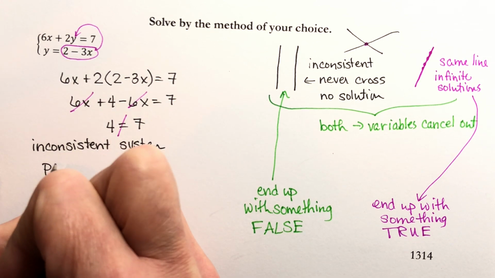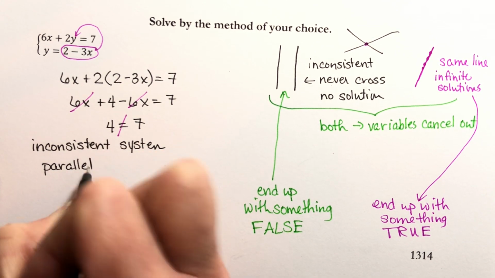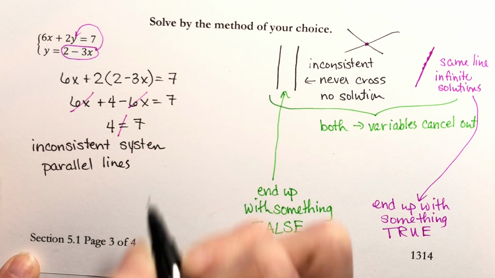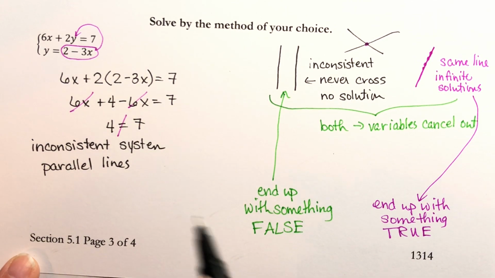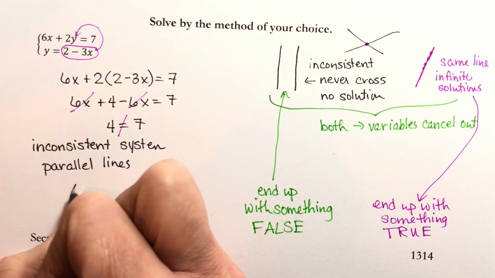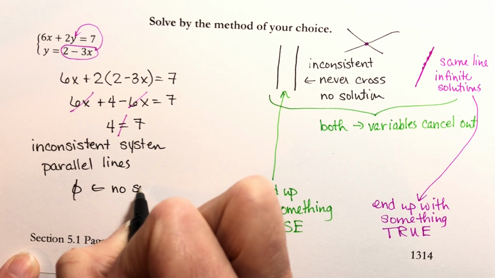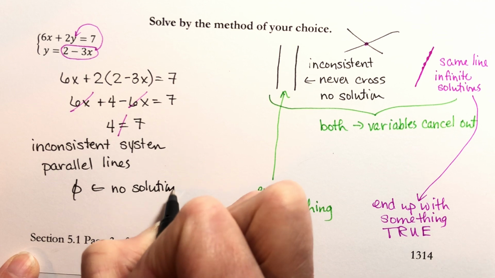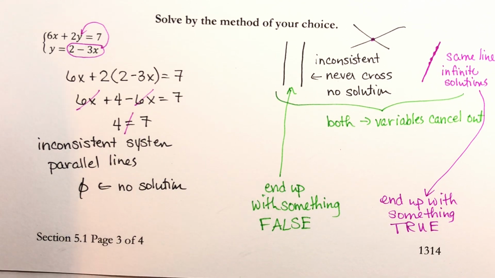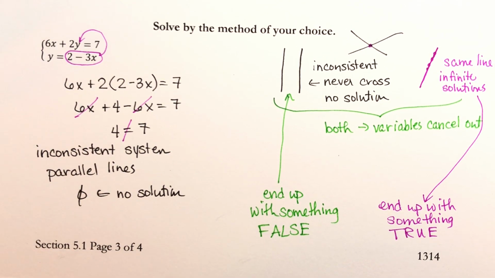These are parallel lines. Okay, because they might ask you this as well. And you might also see the no solution. There is no ordered pair that I could plug into both of these that would work.